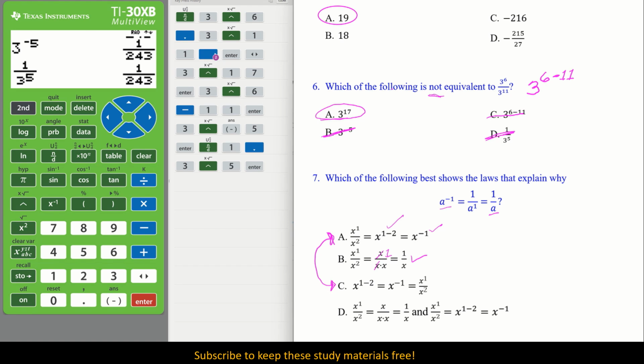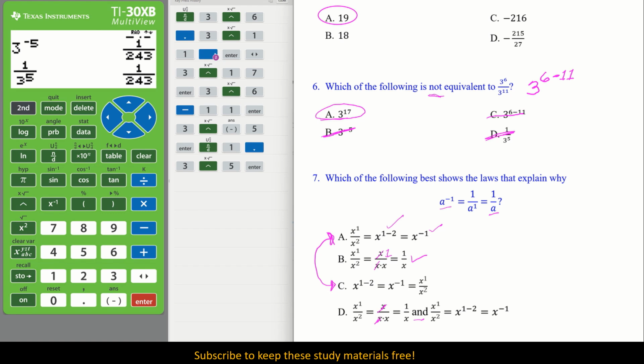Well, D, that's just mimicking A. Okay, and then let's see what it gives us. Looks like it gives us B. So D is 2 parts.